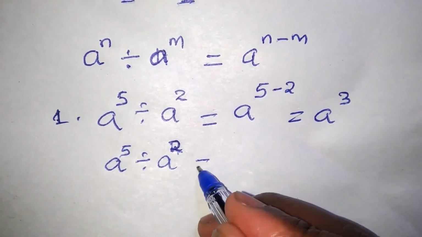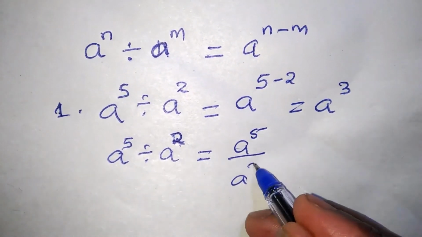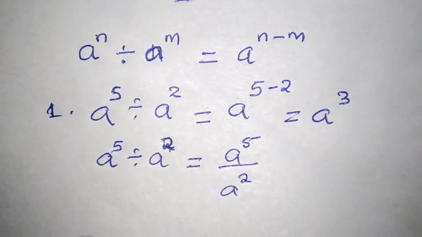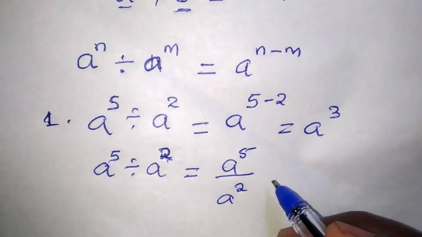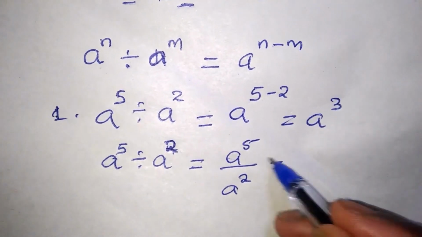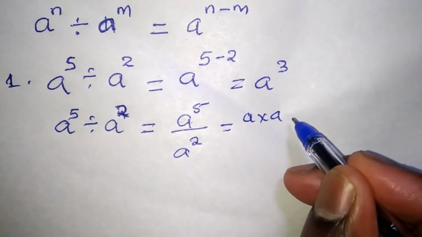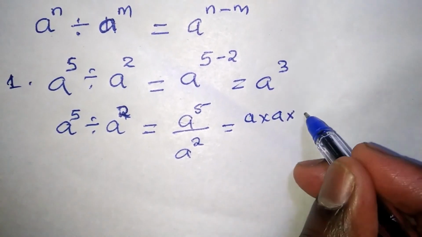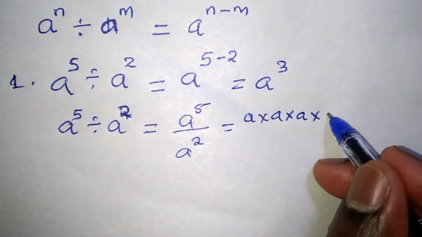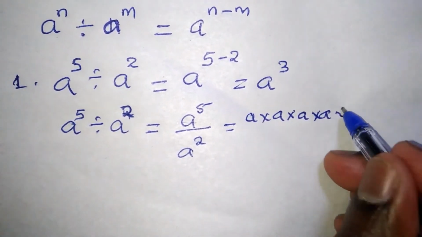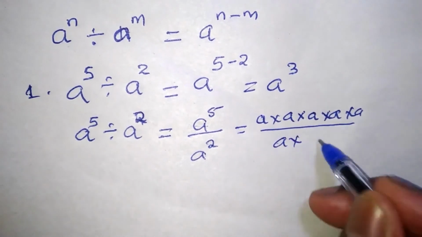What we end up with here is a^5 over a^2, because this is another way we can write a^5 divided by a^2. When we write the numerator out in terms of a, you'll realize we have a times a up to 5 times, and the denominator will be a times a.